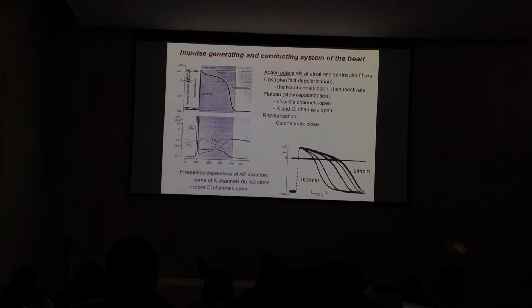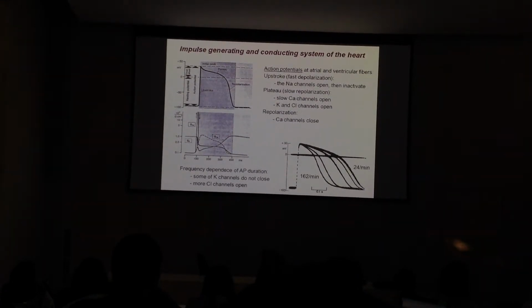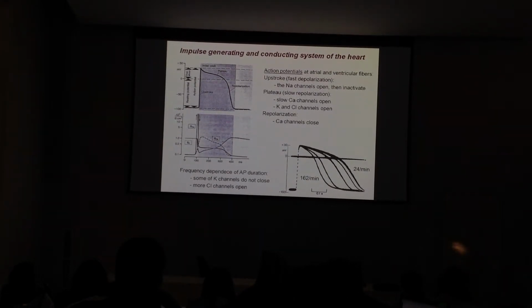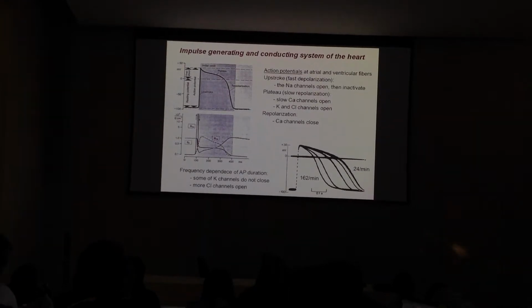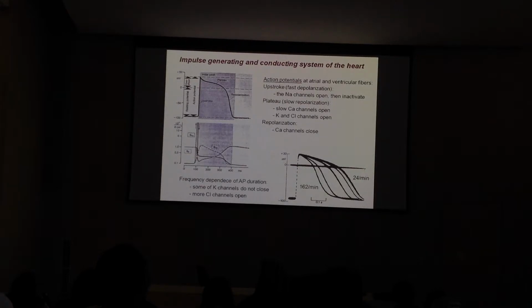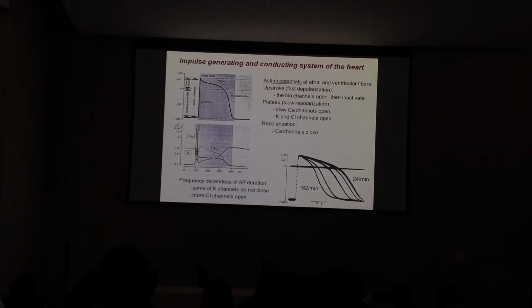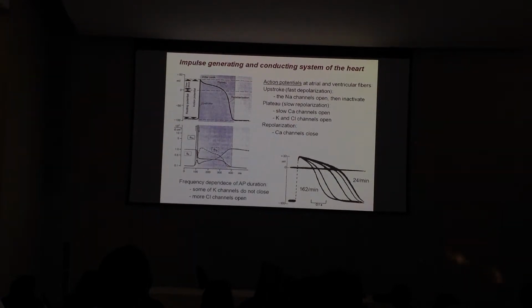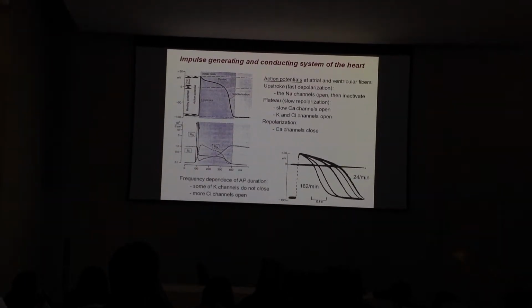How can we explain the different parts of this fast action potential? The explanation is that the fast starting phase, because this is a fast action potential, is due to the opening of voltage-dependent sodium channels. These are fast channels, very quick opening. The sodium enters, it depolarizes the membrane.